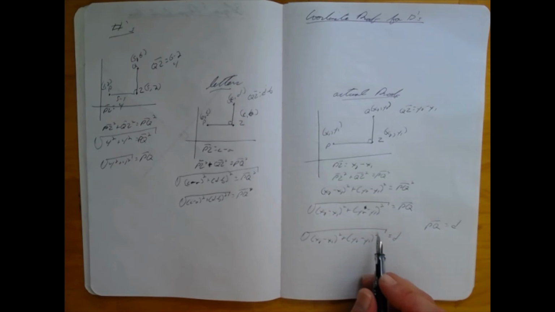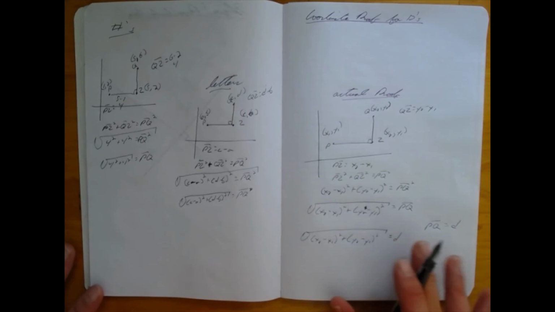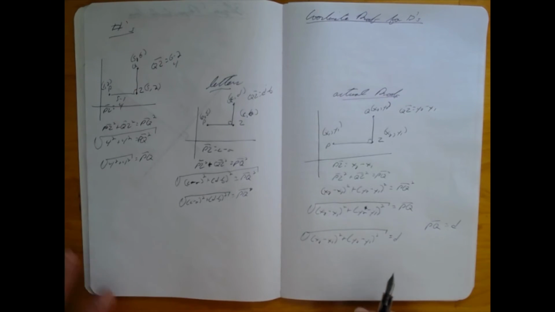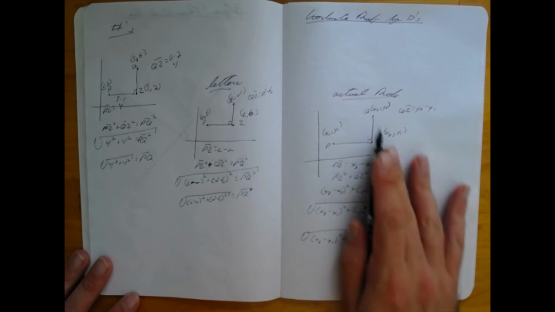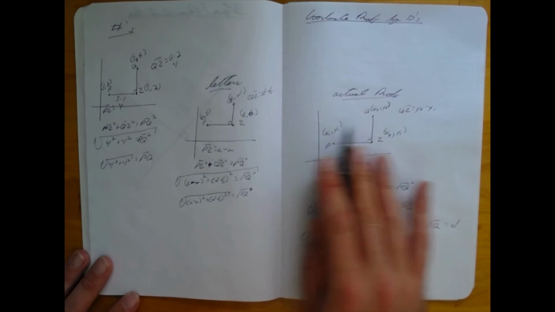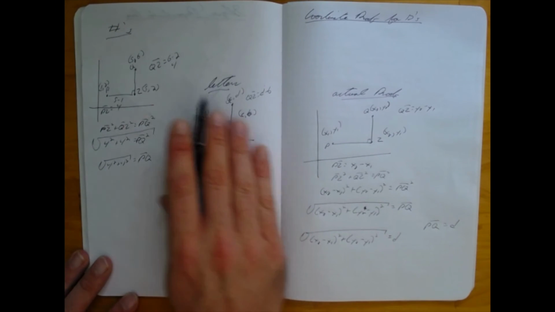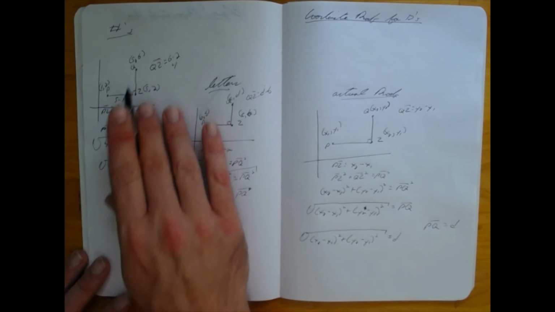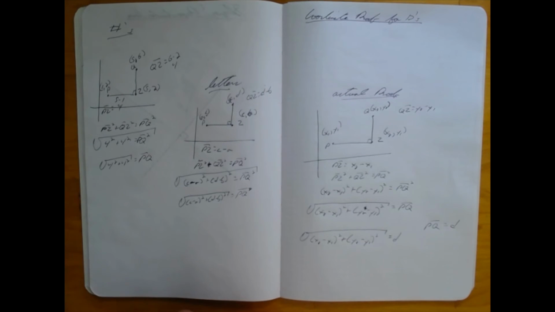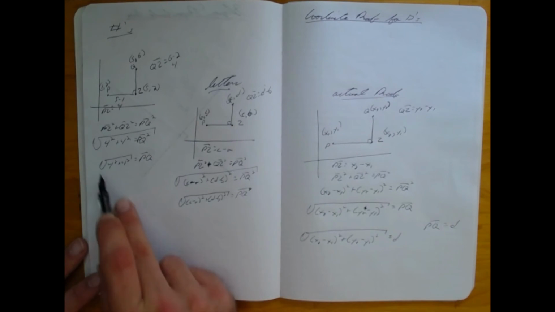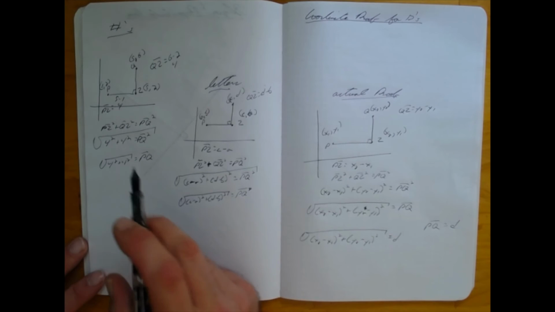What I suggest students do to get a grasp of writing some of this stuff initially is give themselves 3 versions. If this is your actual problem, back it up a little bit, give yourself totally different letters to work with, and then back it up a little bit more and give yourself numbers. And it doesn't matter if your numbers work nicely. In fact, these numbers don't work nicely.